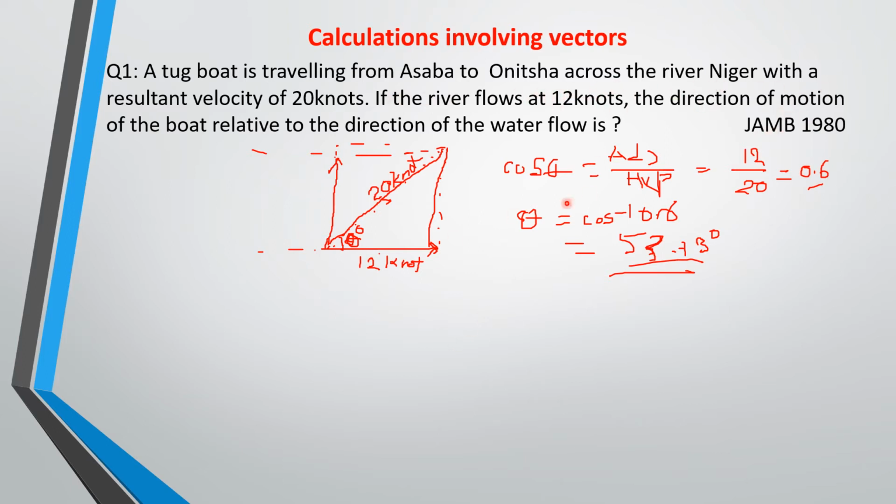So the boat will travel at 53.13 degrees to the horizontal. I hope this is clear and understood. Do your drawing. Let your drawing be better than mine, please.